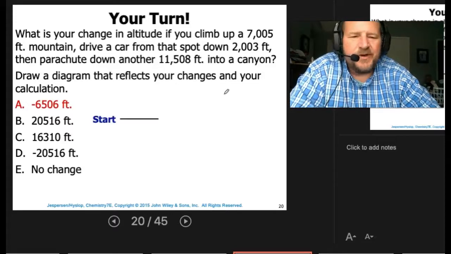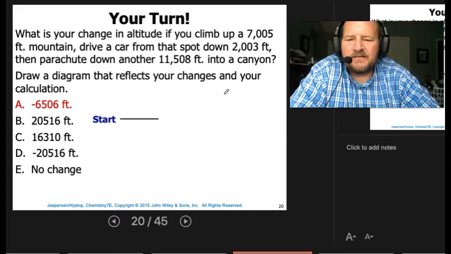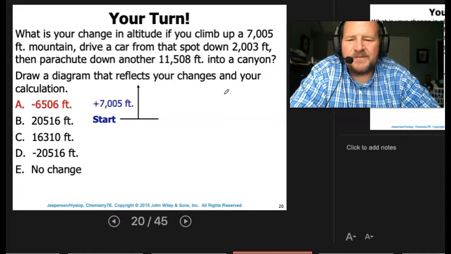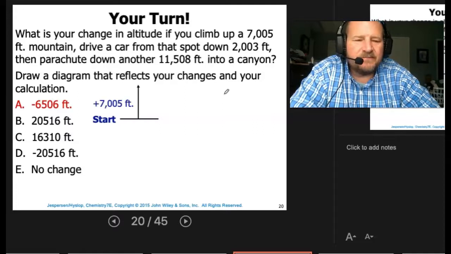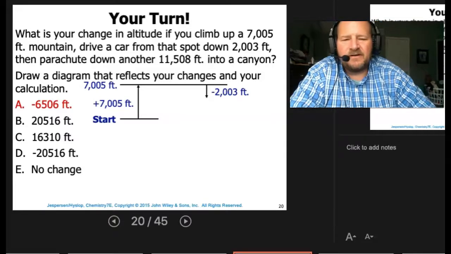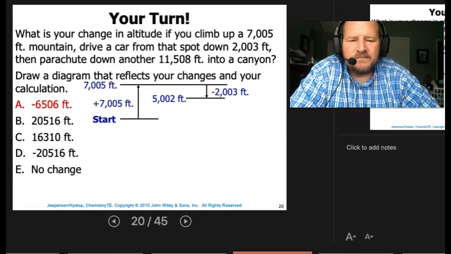So you had your starting point. It doesn't tell us what we started at, it just says you were here and you climbed 7,005 feet. From the 7,005 feet, you then drove down the mountain a little bit, 2,003 feet. At that point, you were at 5,002 feet.